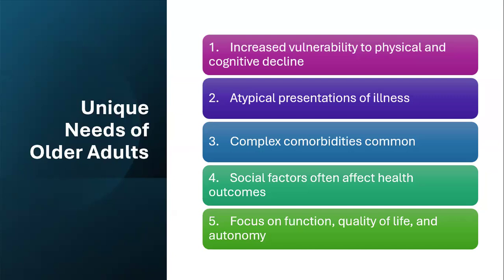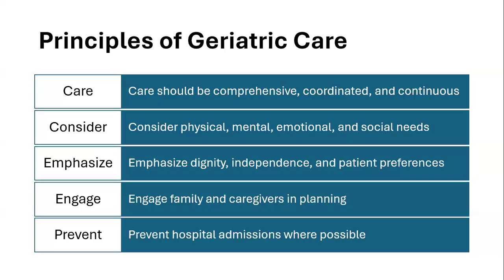So you should focus on these things: how to improve the function of a patient, how to improve the quality of life of an elderly person, and how to make him autonomous. So the principles of geriatric care include that care should be comprehensive, as I said earlier: physical, psychological, social, spiritual. And also, you should give curative care. Prevention and promotion also should be considered. And also you should consider that this individual lives in a family and in the community.